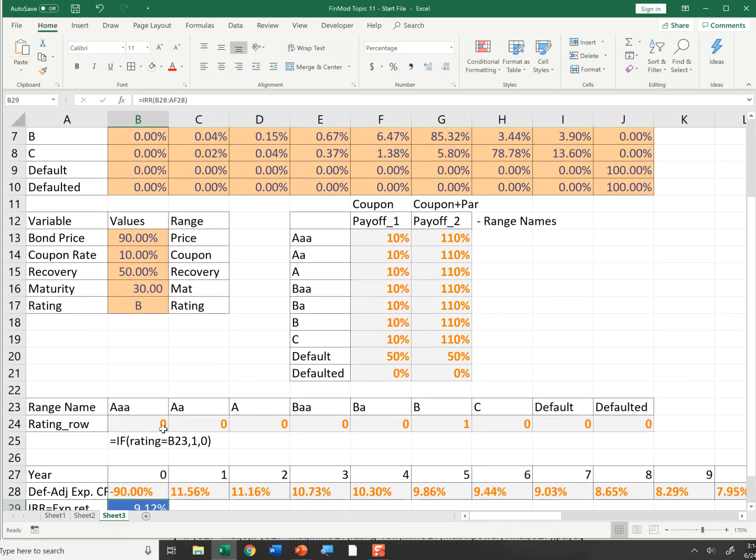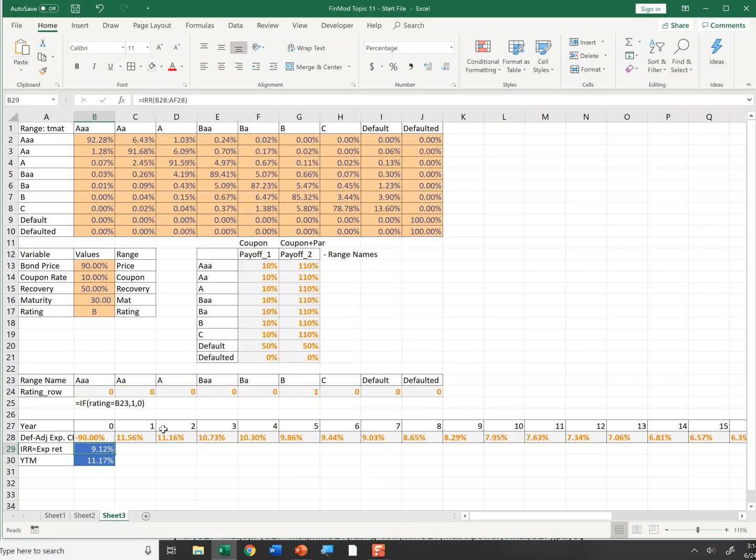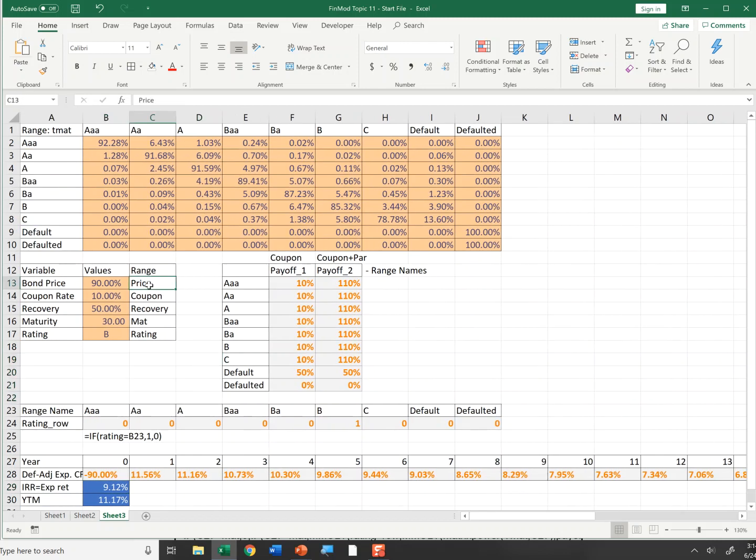And the nice thing about this spreadsheet, I'll zoom out a little bit, is it'll take any one-year transition matrix. You could change the price. Say this bond is selling at 80, has a 6% coupon, 40% recovery, and it's a 20-year bond that's currently C rated.